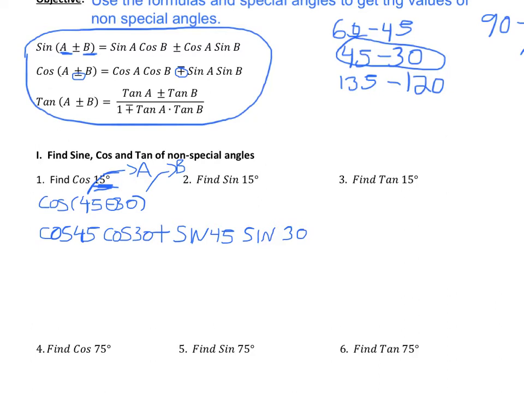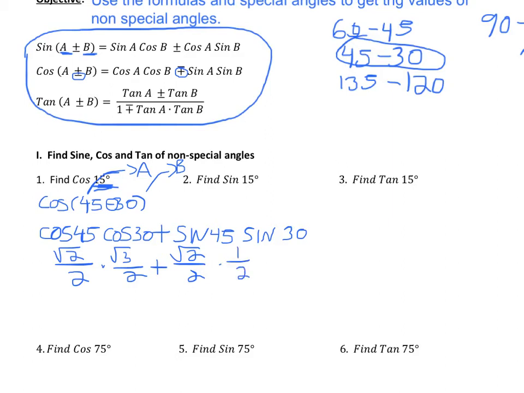Now the good thing about this, I know what sine and cosine are at 45 and 30 degrees. So just evaluate them. Cosine of 45 degrees is root 2 over 2. Cosine of 30 is root 3 over 2. Sine of 45 is root 2 over 2. And sine of 30 is 1/2.